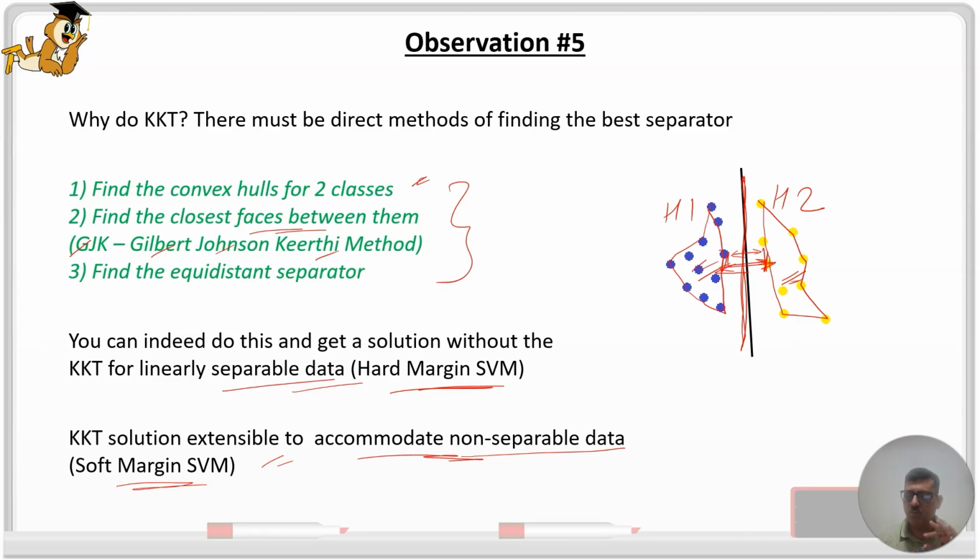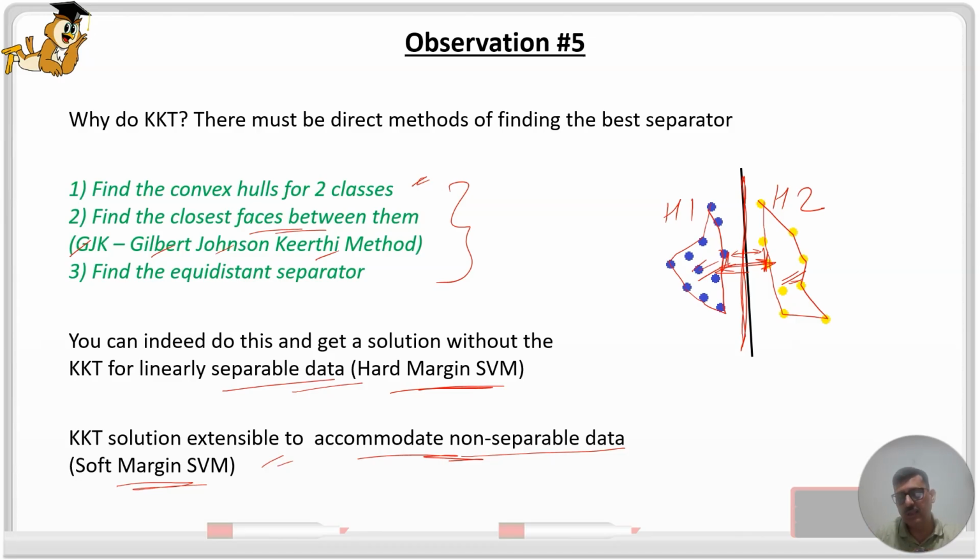I mean, the definition of margin, etc., will change, no doubt, because if it is non-separable, you are not going to have those clear margins that we have been seeing in this lecture. But there are ways to accommodate that kind of data, and the KKT solution is extensible in that regard, and therefore we studied the KKT.